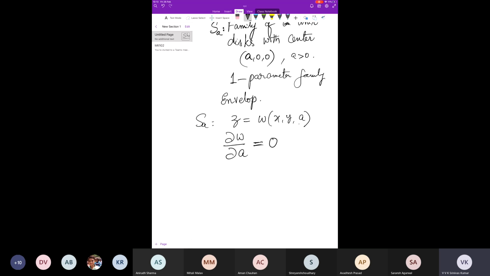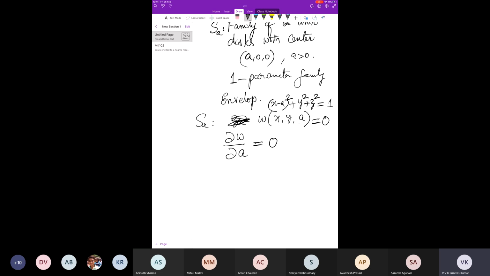So consider this equation, the one parameter family of surfaces. What is the equation here? S_a: x minus a whole square plus y square plus z square is equal to 1.